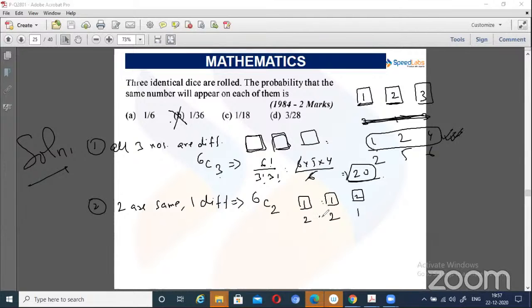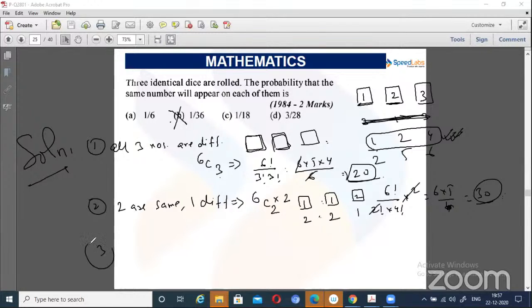These two arrangements are different. So for every 6C2 selection, I'll have into 2 here. So this gives me 6 into 5 by 2 into 2, that is 30. So there are 30 ways by which two numbers are same and one is different.